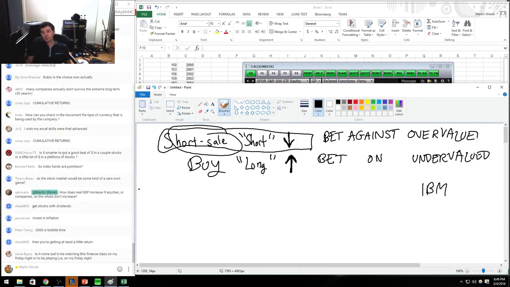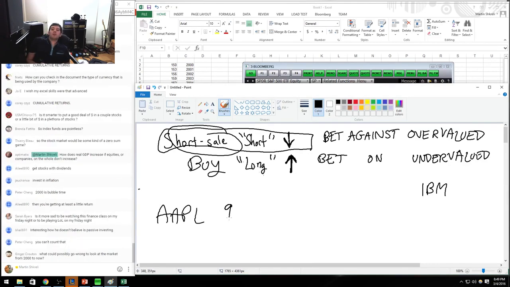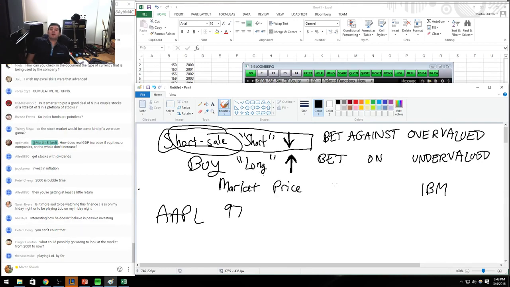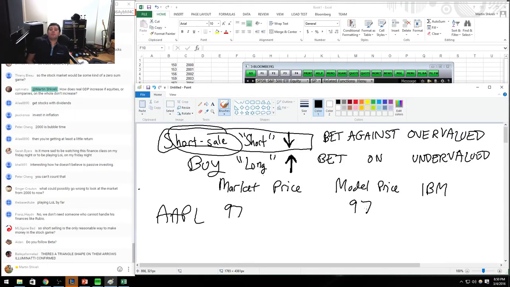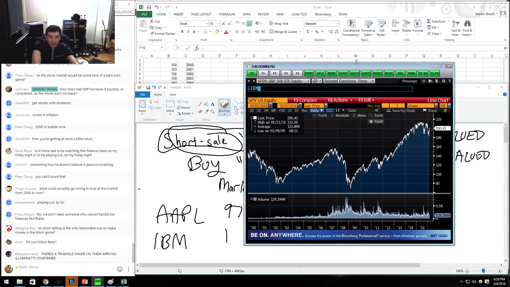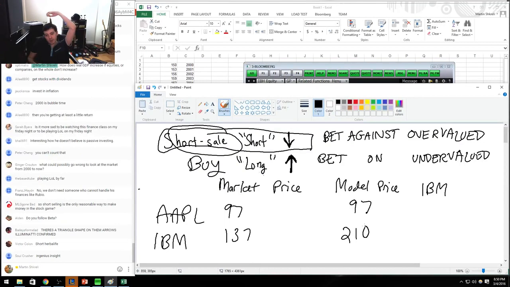And we looked at two stocks. We looked at Apple, whose market price is 97, and our model price is 97. Then we looked at IBM, whose market price is 137, and our model price is 210.